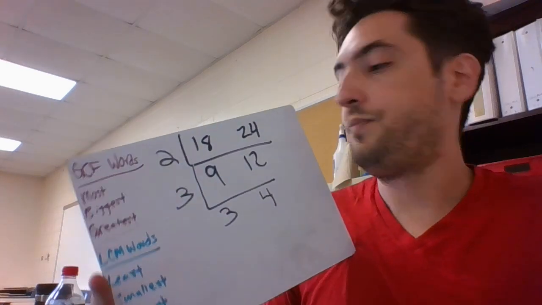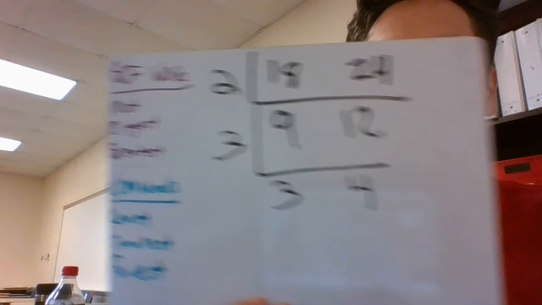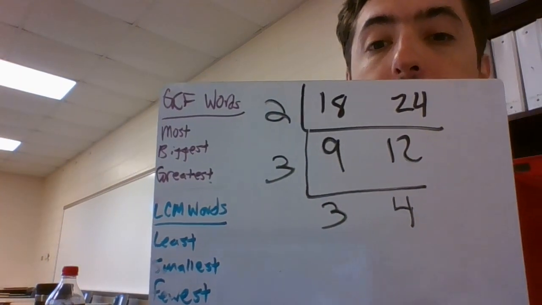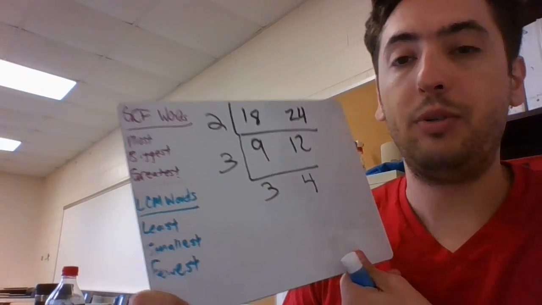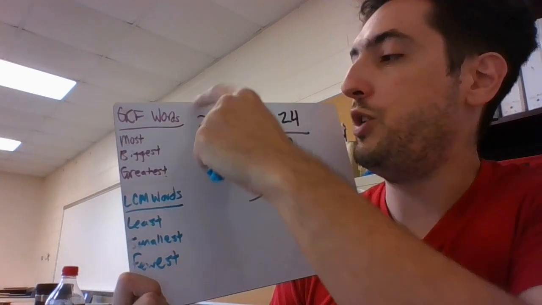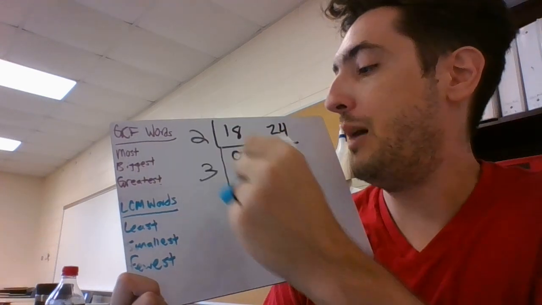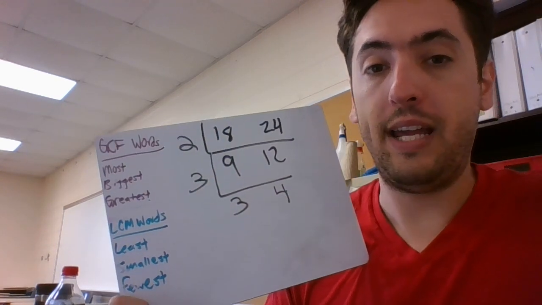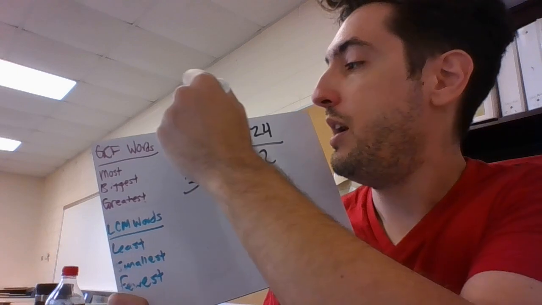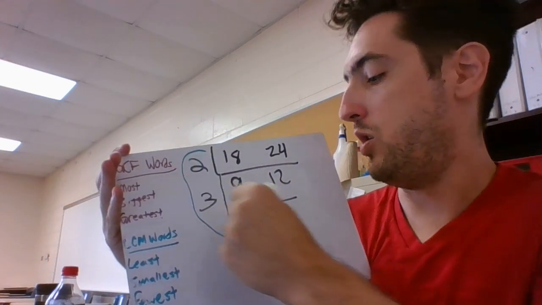All right, now our next step is we have to actually figure out what is the least common multiple. And for that, we have two options of things that we have to think about. One of our options is we just take the numbers that are on the left-hand side. And then the other option is we take all of them. And for least common multiple, we always, always, always want to take all of our numbers.